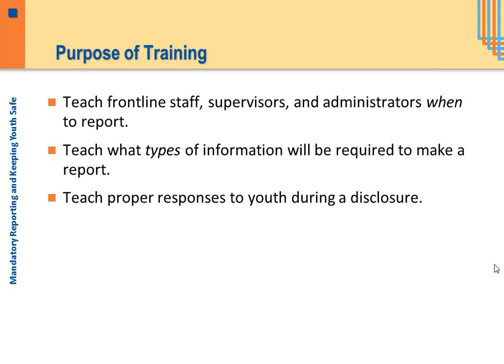How do you maintain that trusting relationship and also set these boundaries to ensure youth safety, and the various kinds of things you can do during disclosure. So I'm going to now turn it over to Marissa to ask you for your knowledge.